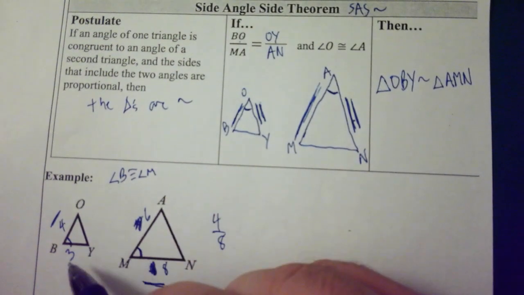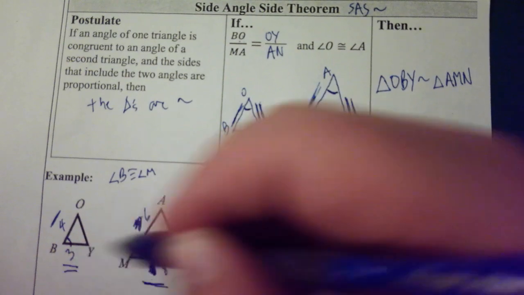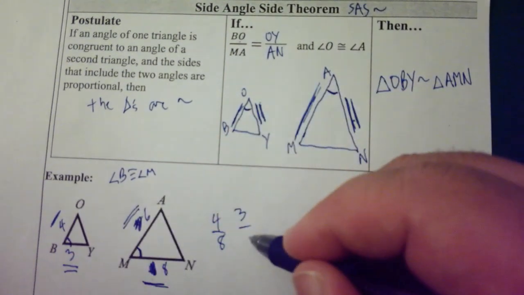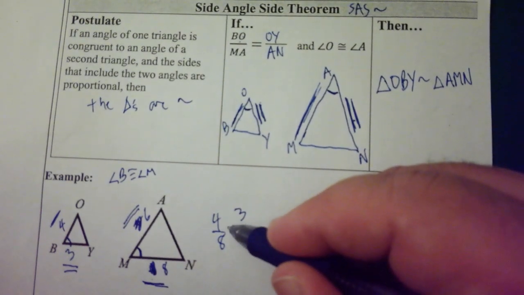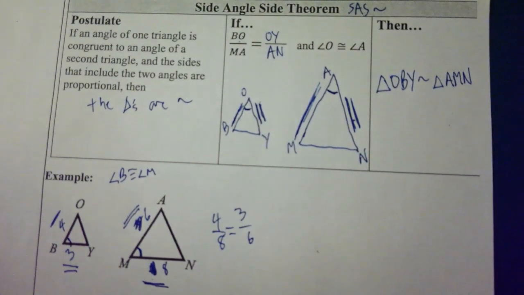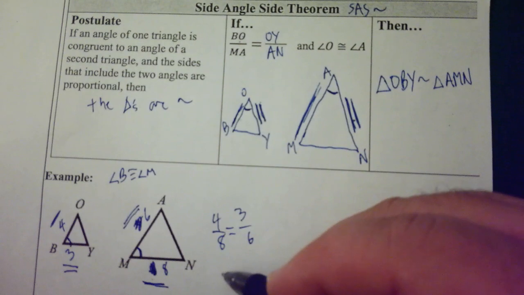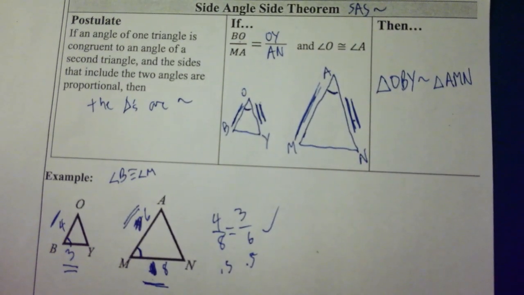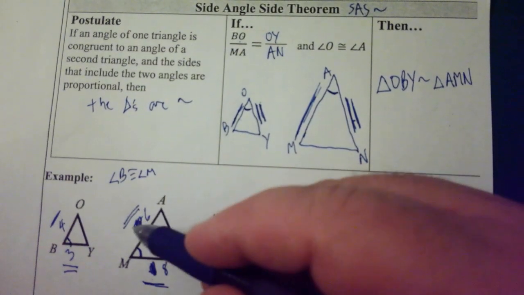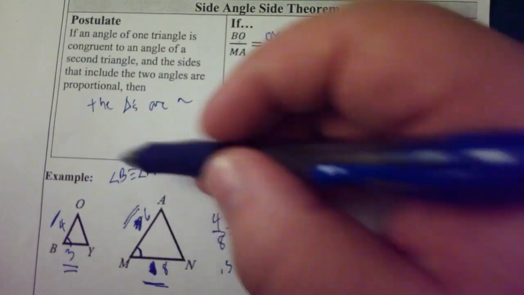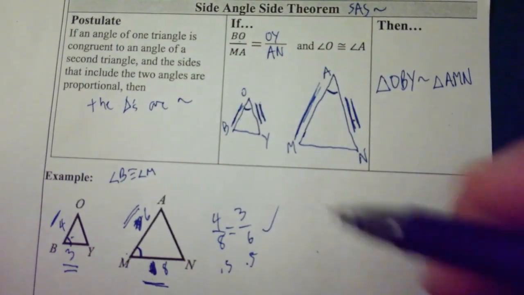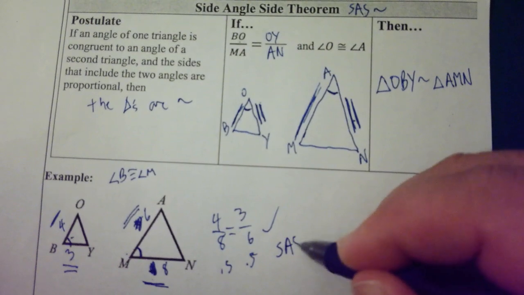And then 3, with 2 dashes on it, would have to go with 6. And the question is, are they equal? If you put these in the calculator, you get 0.5 and 0.5, so absolutely they're equal. So they are proportional. And if these two sides are proportional and these two angles are congruent, then these are similar because of side-angle-side similarity.